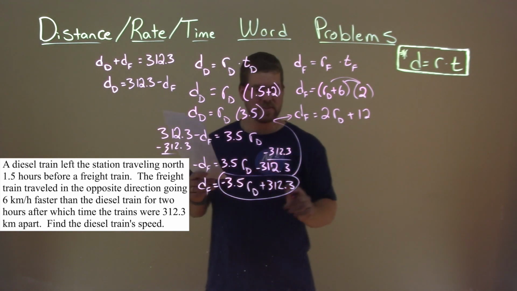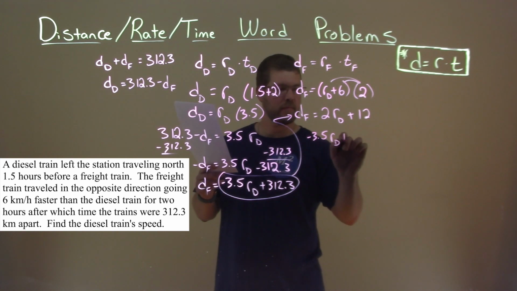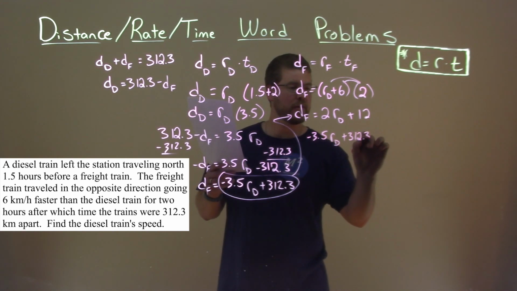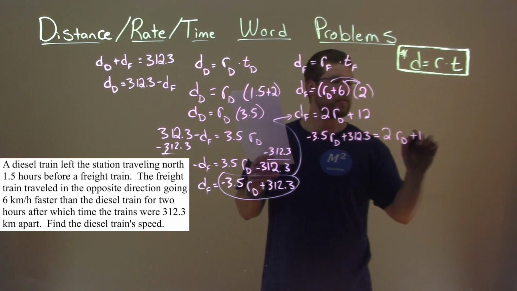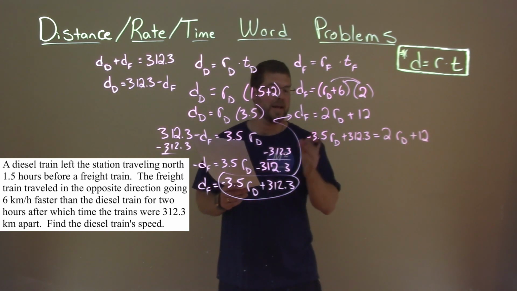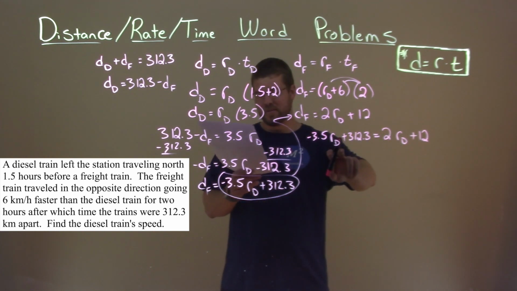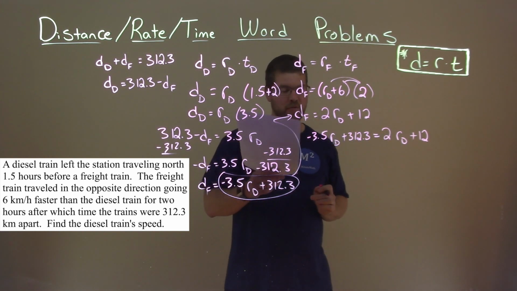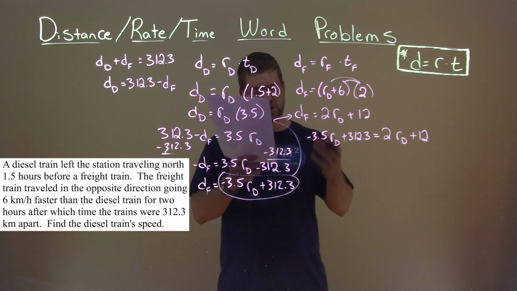So in doing so, we have negative 3.5 times the rate of the diesel train plus 312.3 is equal to 2 times the rate of the diesel train plus 12. And actually we're pretty happy here. We have one equation where the only variable is the rate of the diesel train, and that's what we want to find. So we're going to combine our like terms here.